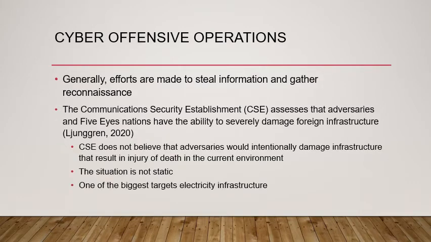So within cyber offensive operations, generally, as we see today, the primary means has been to steal information and gather reconnaissance. However, again, that is not static. These same tactics, techniques, and procedures which are used for reconnaissance and data theft can absolutely be used to disable systems that would impact critical infrastructure, most notably when it comes to our electricity.